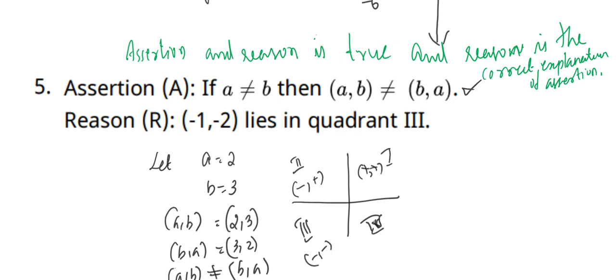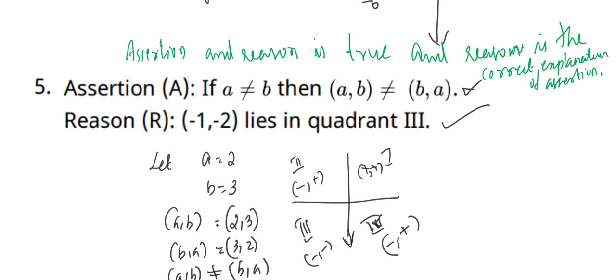Here negative, negative, and this will be negative, positive. Okay, so this, in the third quadrant, is also correct. And the reason is not the correct explanation of assertion, because these two have no relation. (-1, -2) lies in quadrant 3, and this is not the valid explanation for the assertion.